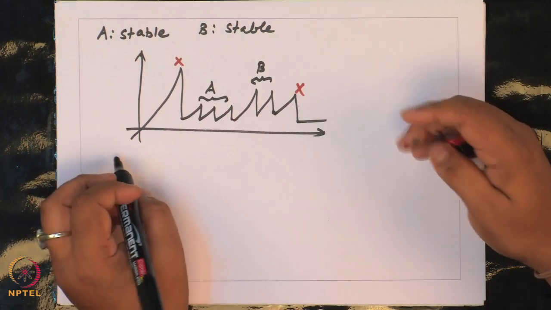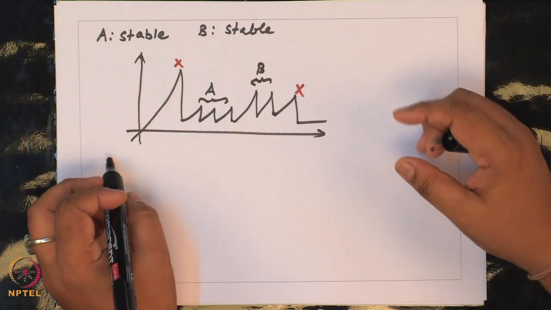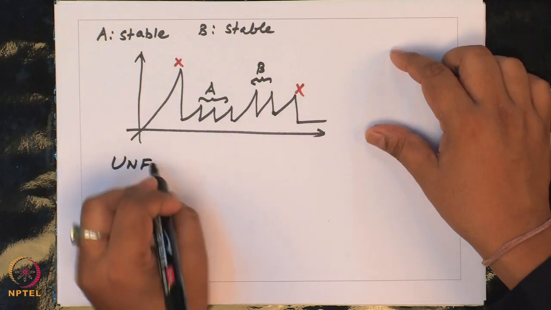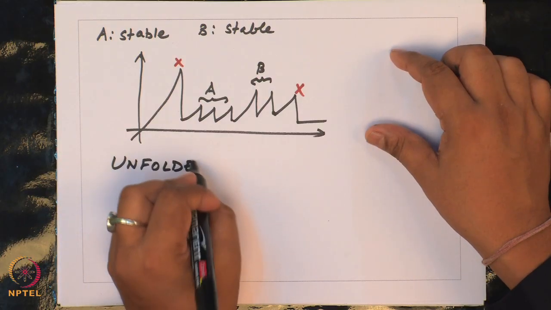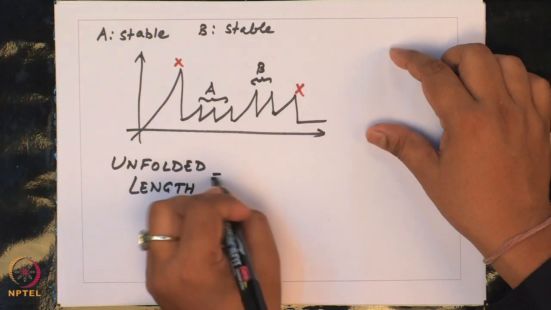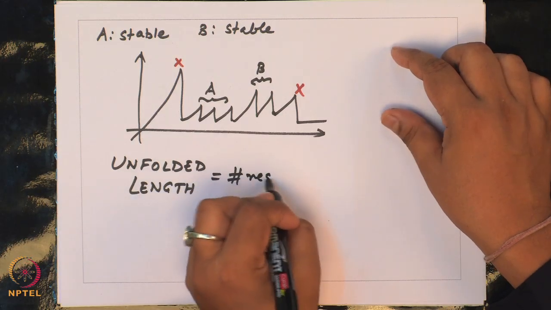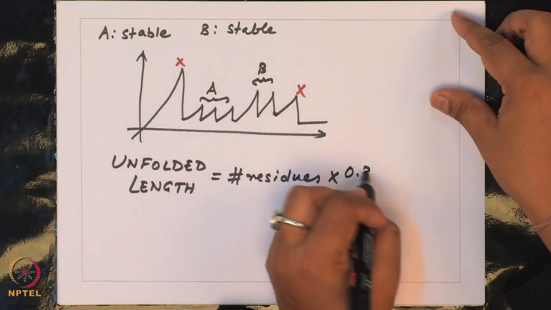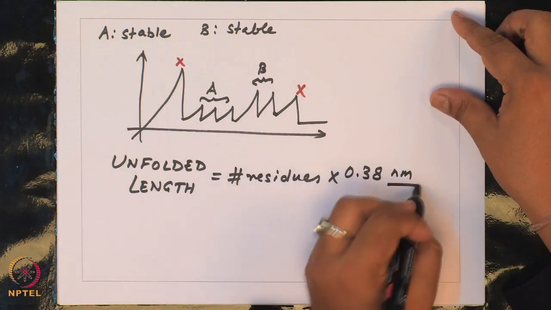So, you know that if you have various residues, the total unfolded length equals the number of residues times 0.38 nanometer per residue.